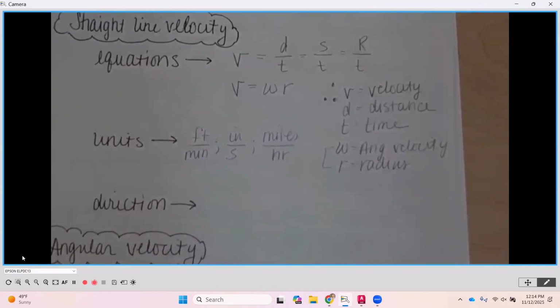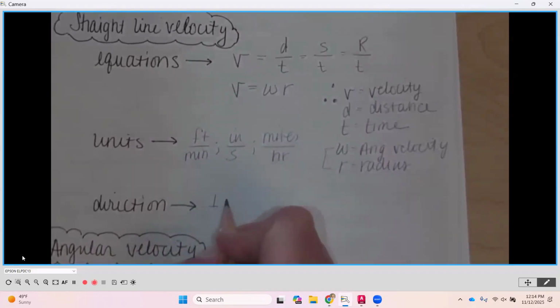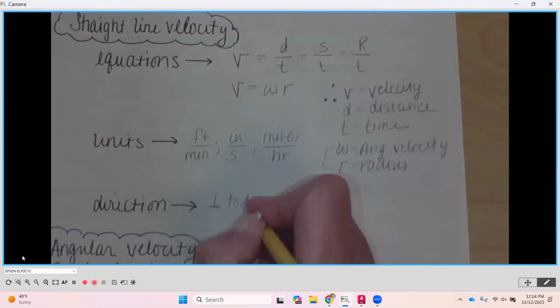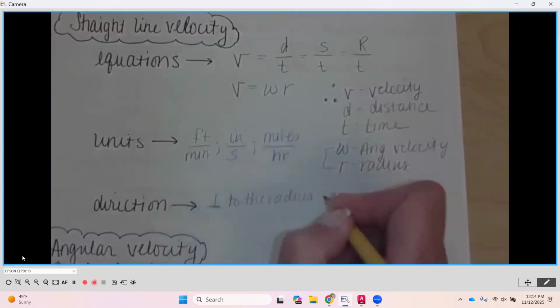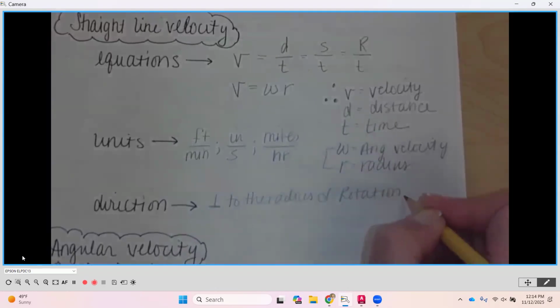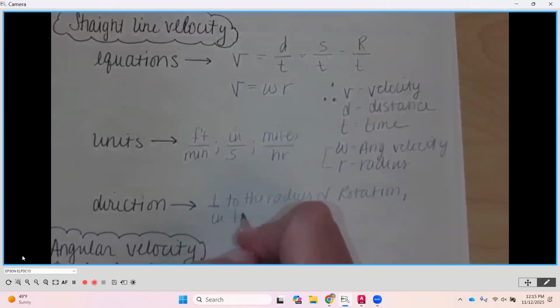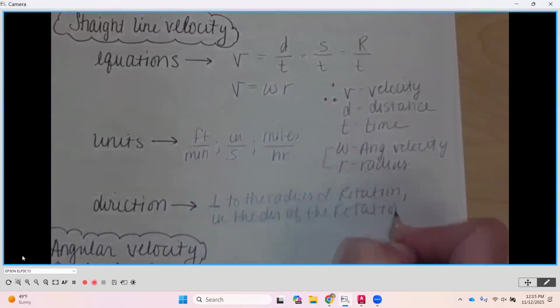So for the direction of straight line velocity, it's always going to be perpendicular, so I'm going to use this symbol of perpendicular, to the radius of rotation, comma, in the direction of the rotation. So DIR is direction of rotation.